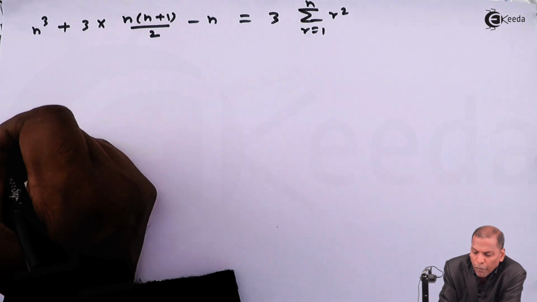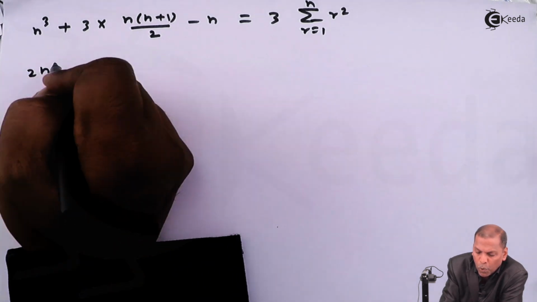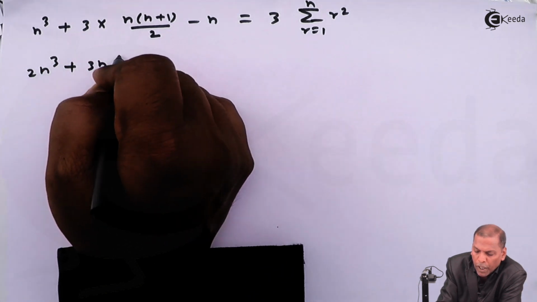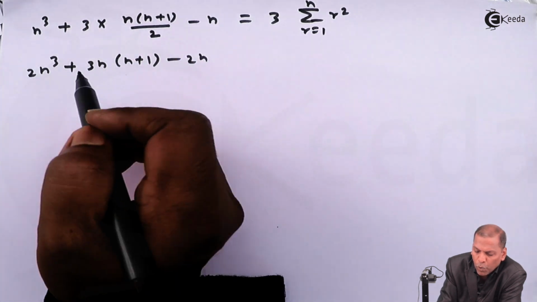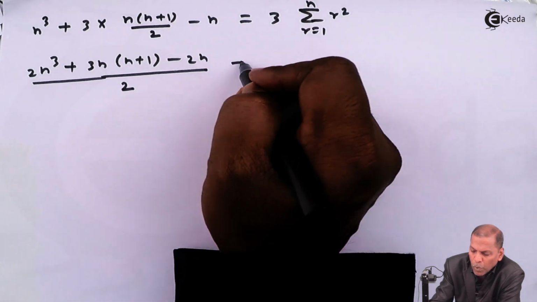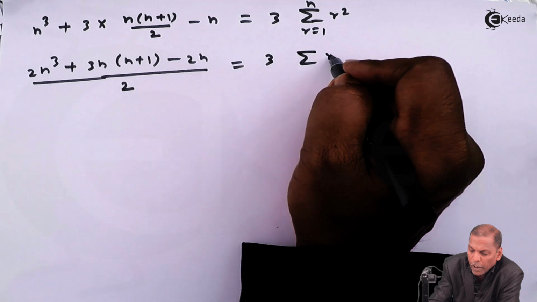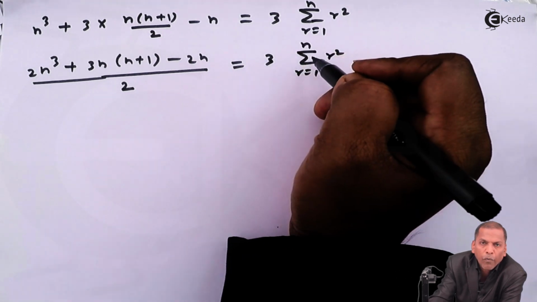So now here we take 2 as the LCM, so we have 2n cube plus 3n into (n plus 1) minus 2n, whole thing divided by 2, is equal to 3 into summation r square, r takes value 1 to n.